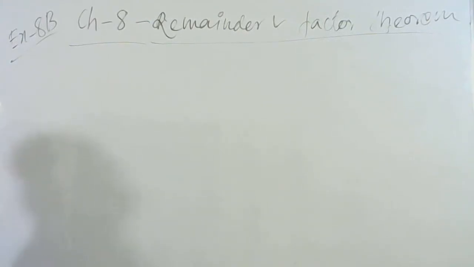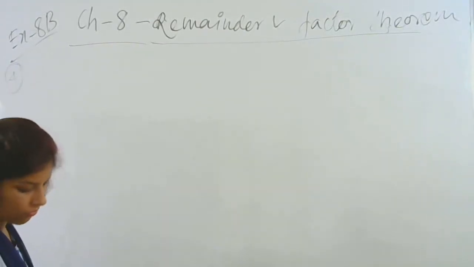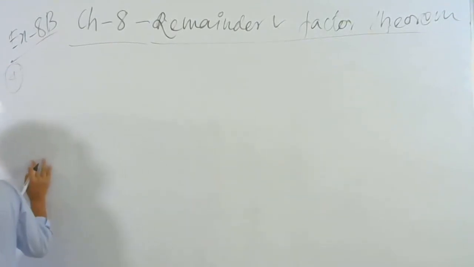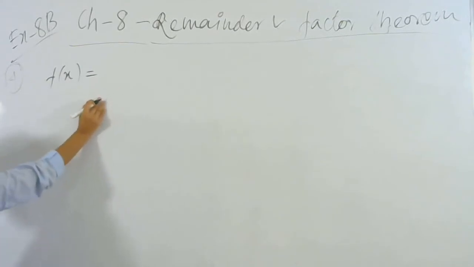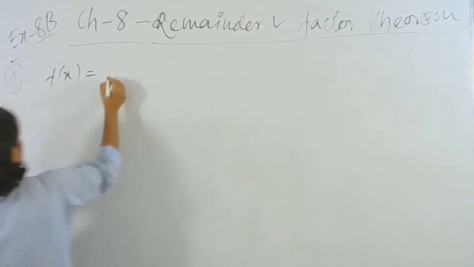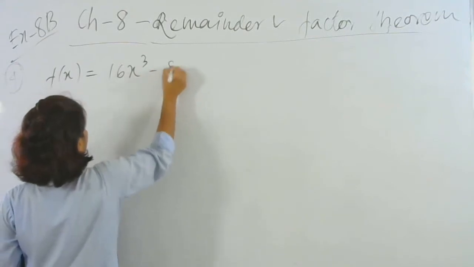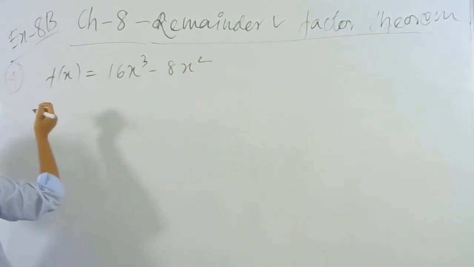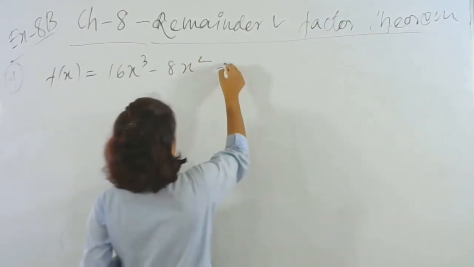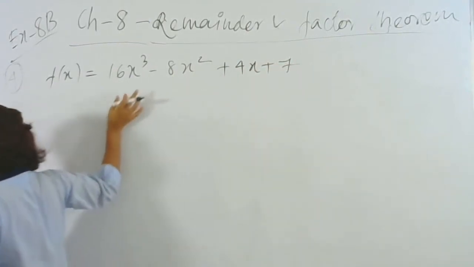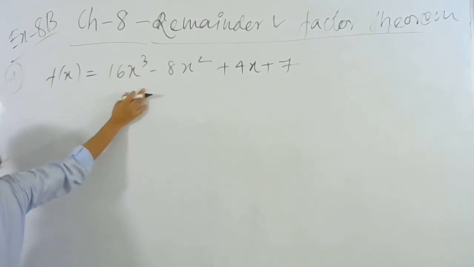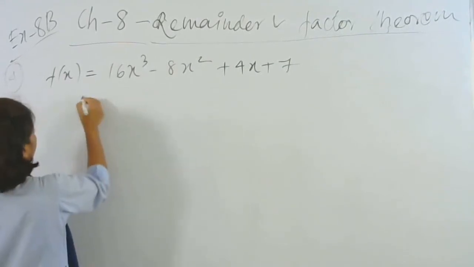Next you see in question number 4, it says what must be subtracted. So they are asking you what must be subtracted from this so that 2x plus 1 is a factor?